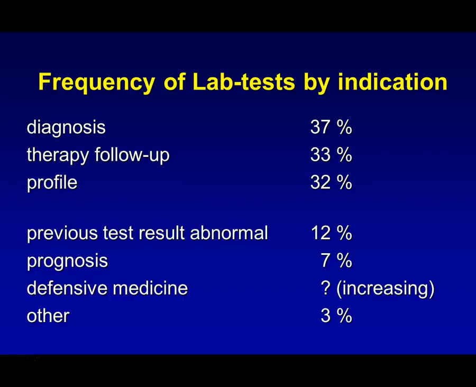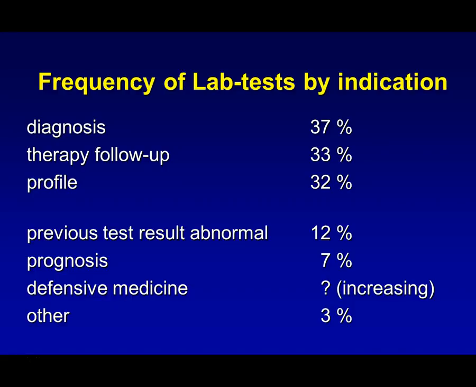As this slide tells you, the most frequent indication for a lab test is diagnosis, and we can also see that therapy follow-up is very important. Although we discourage profiling, it is a major proportion of the lab test indications, but there are reasons to do profiling in some cases.